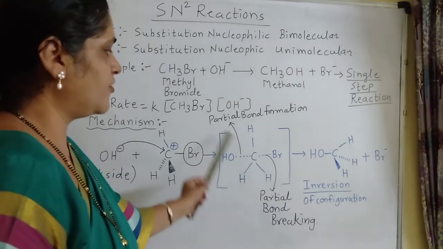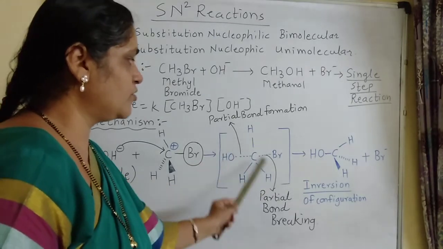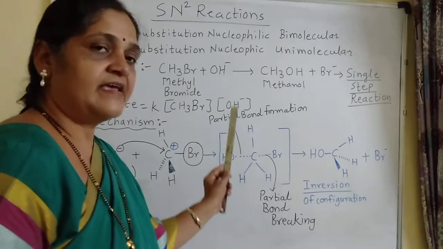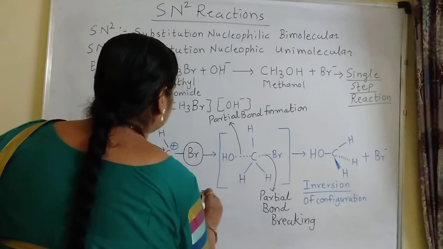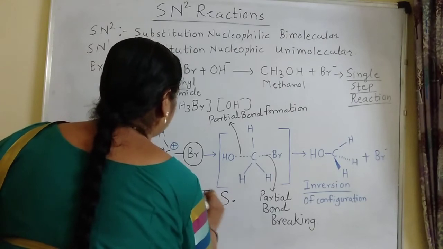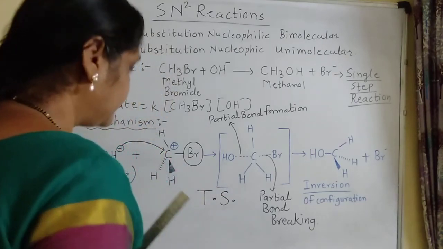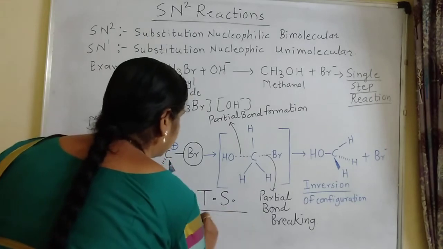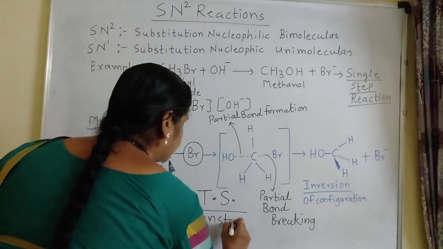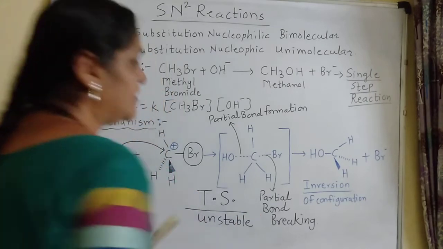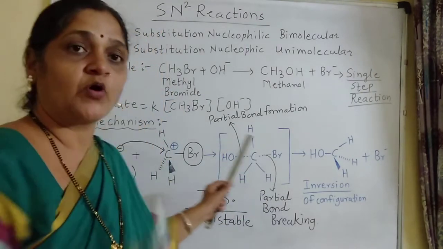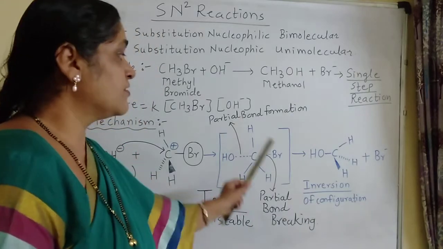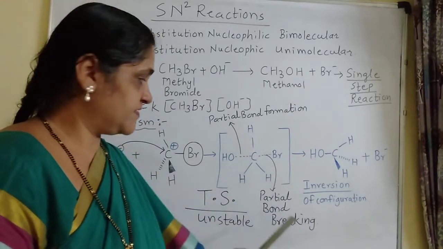The partial bond formation and partial bond breaking, both things take place in this condition, and this is known as the transition state, denoted by TS. The transition state is an unstable condition because here carbon is pentavalent, or it is bonded with 5 groups or atoms.